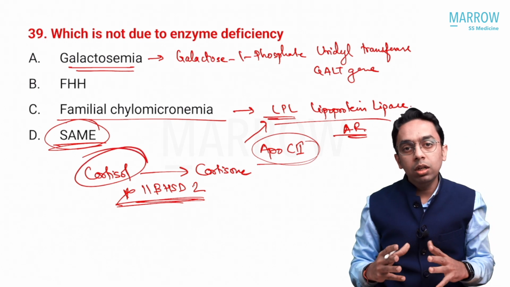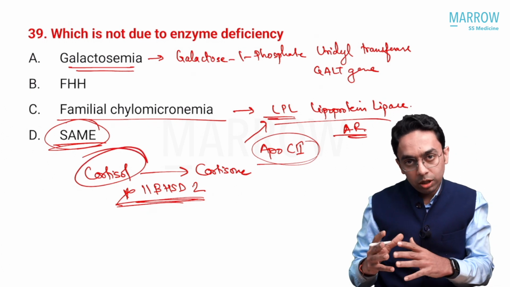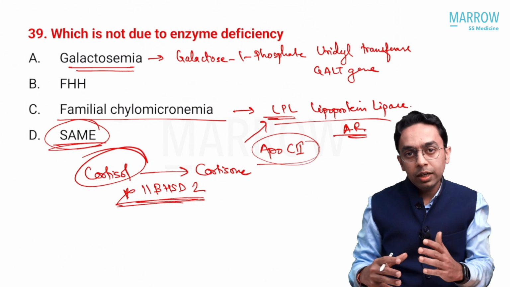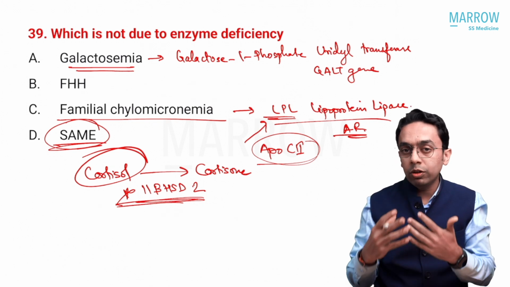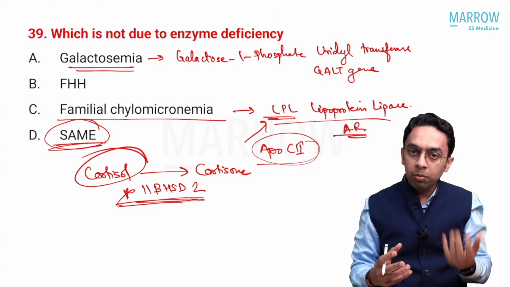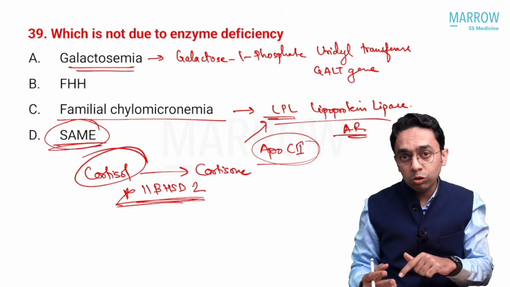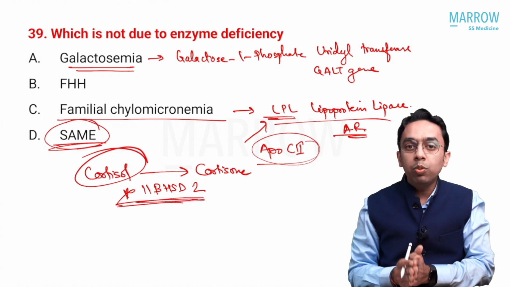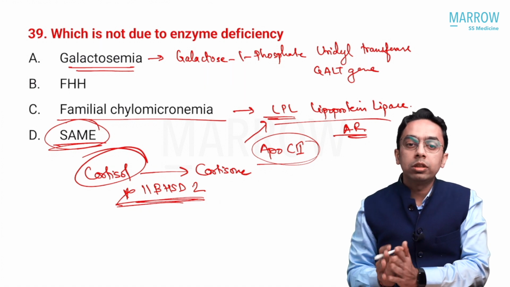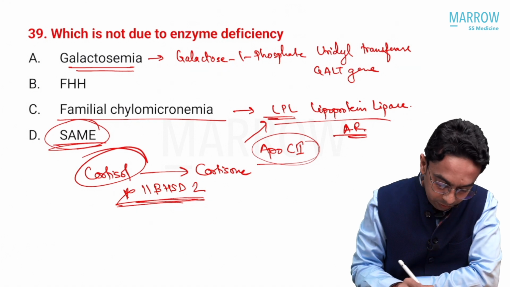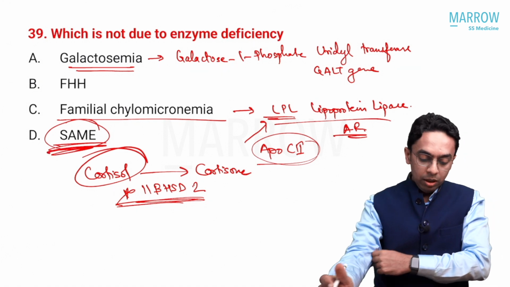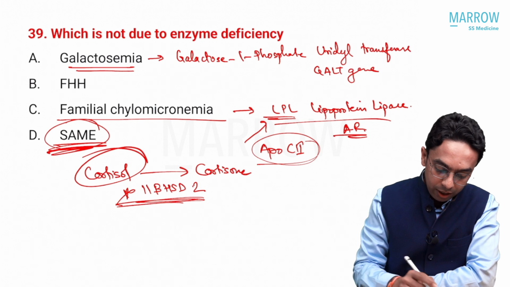This cortisol is acting on the mineralocorticoid receptor. It's not being inactivated, so it is acting like aldosterone, but when you test for aldosterone, it will come low, though it is acting like mineralocorticoid. That is why renin will also be low. So it's a hyporeninemic hypoaldosteronism, right? This is very important: hyporeninemic hypoaldosteronism, syndrome of apparent mineralocorticoid excess.